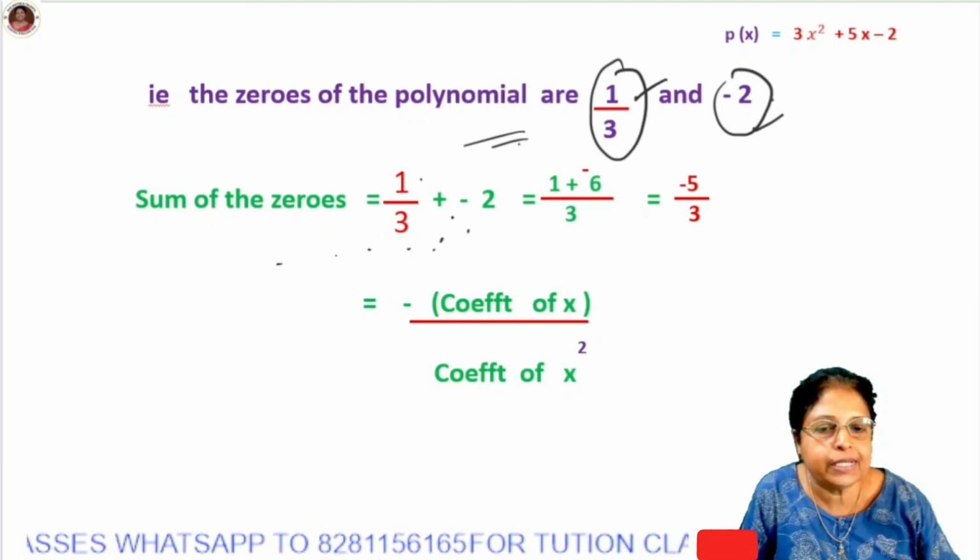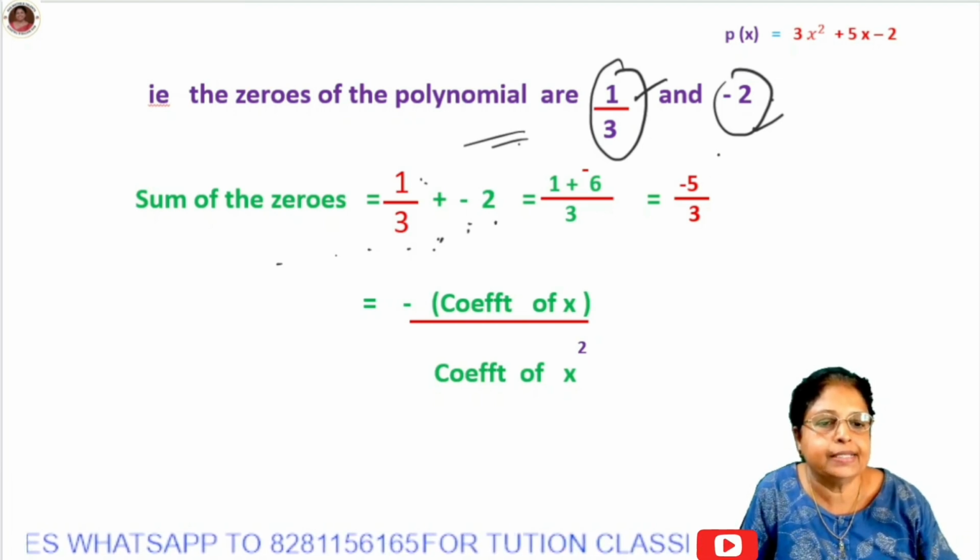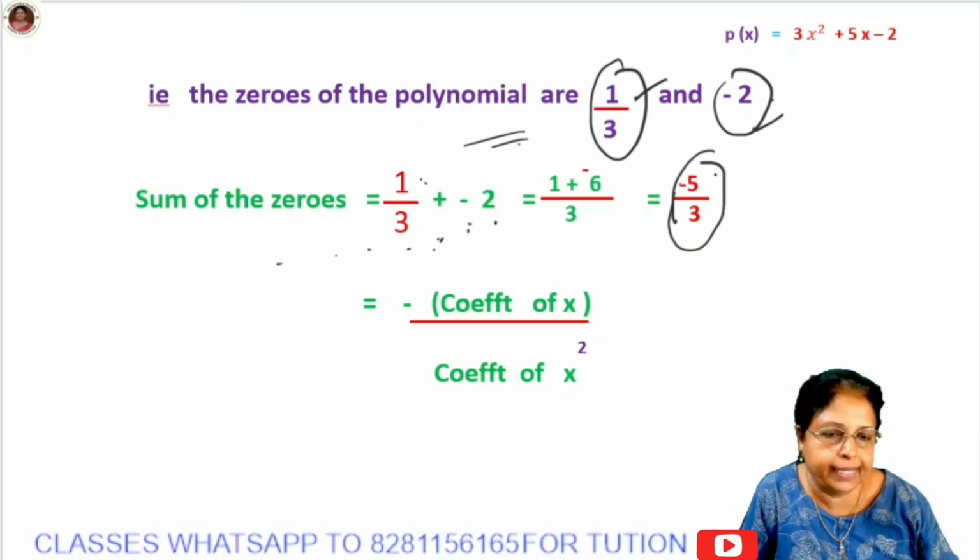So the sum of the zeros is 1 upon 3 plus minus 2, that is equal to minus 5 upon 3.